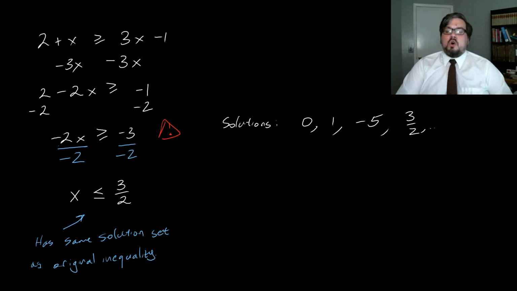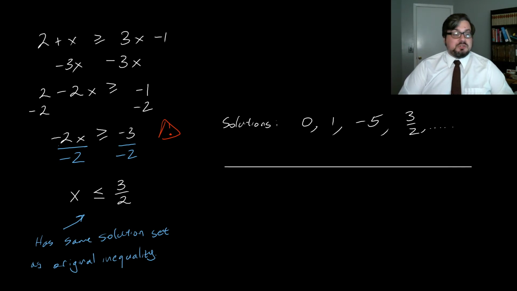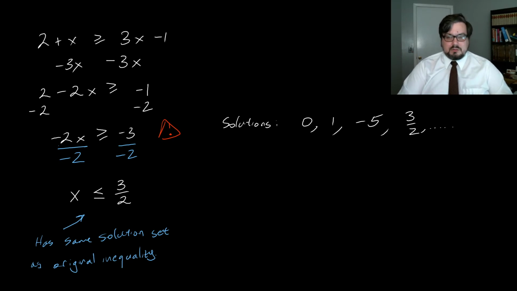And of course, a whole bunch more. We're never going to be able to describe all of the solutions by listing them out because there are infinitely many of them. There's one graphical way that we have of describing solutions, which is often good for making things make sense intuitively.